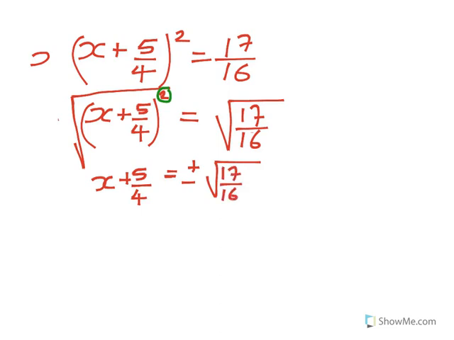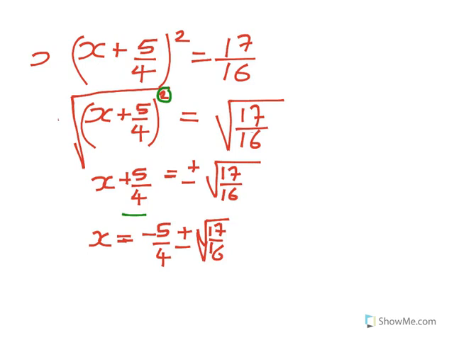Now you take this 5 over 4, it jumps the sign, so you are going to have x is equal to minus 5 over 4 plus or minus square root of 17 over 16.